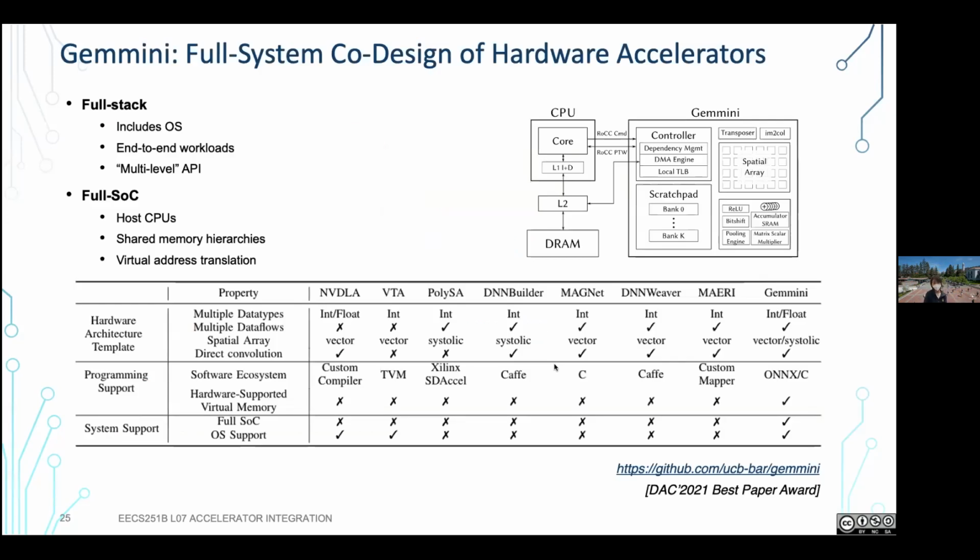So let's look at an example to see how an accelerator can be integrated using both the RoCC interface and also the TileLink interface in the system. RoCC is very useful in thinking about programmability, how an accelerator is configured, programmed, and invoked, and TileLink is very useful to think about accessing memory, right?